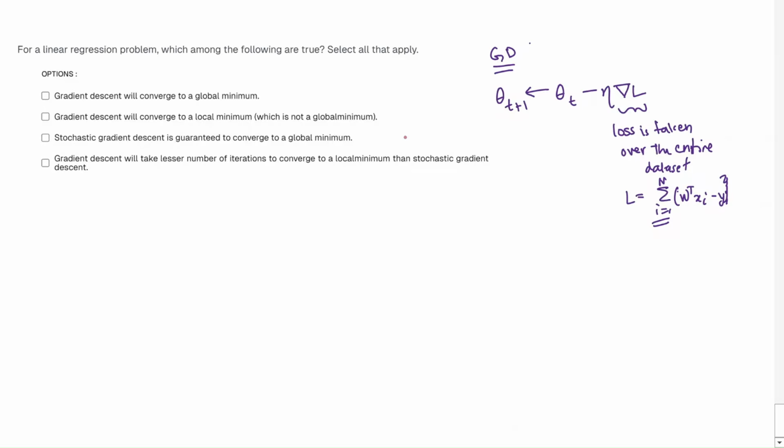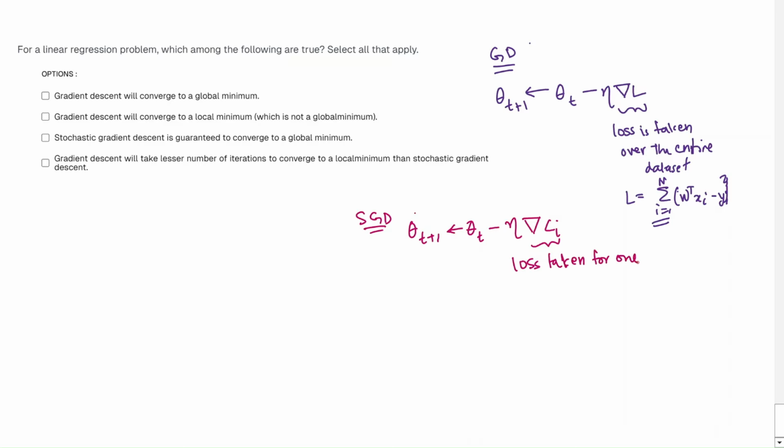On the other hand, in stochastic gradient descent, you do not include all the data points. So it will look something like theta t plus 1 is updated as theta t minus eta times grad of some li, where the loss here is taken for one randomly sampled data point.